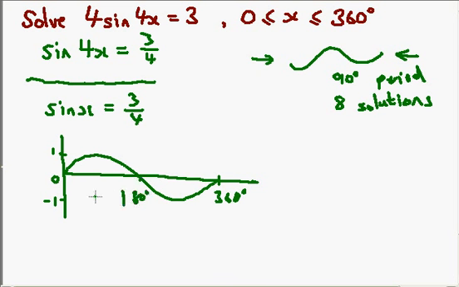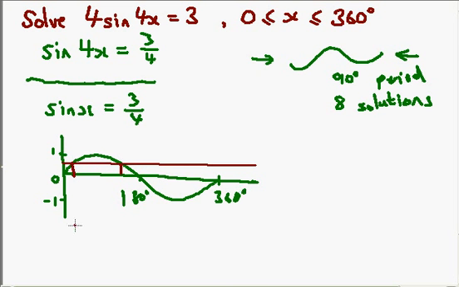Now 3/4 is round about here. So we can see the 2 solutions, one here and one here.